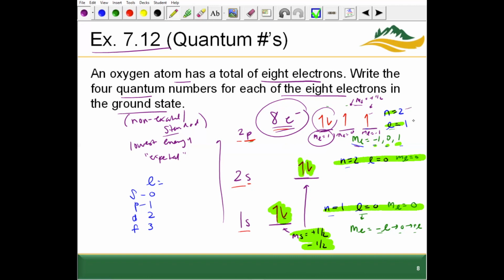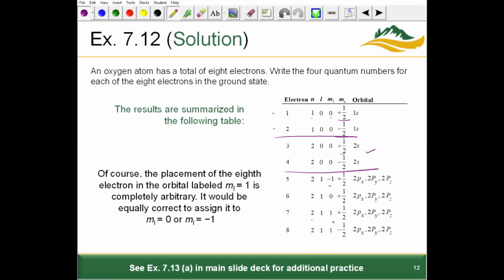So for n equal 2, L equal 1, m sub L equals 1, let's say we have a spin up and a spin down. So n equal 2, L equal 1, m sub L equal 1, we can have both a spin up and a spin down to account for 2 electrons. Then what's left over is just a spin up for m sub L equal -1 and 0 here.